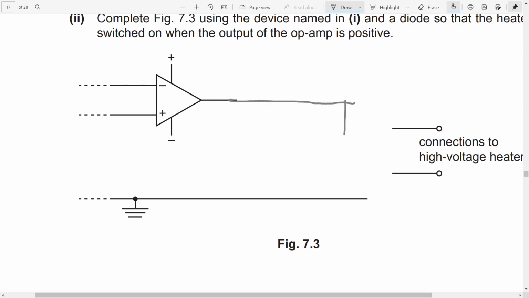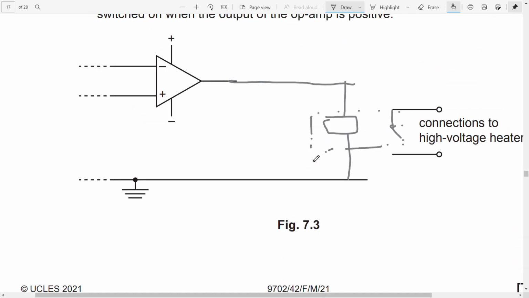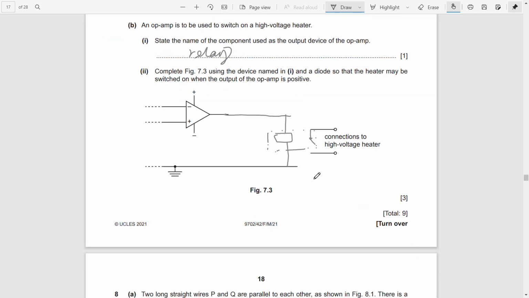Here make a symbol of relay, and here a switch. Be careful with the switch. And then draw the dotted rectangle, not a square. Fine. So you cover 9 marks.